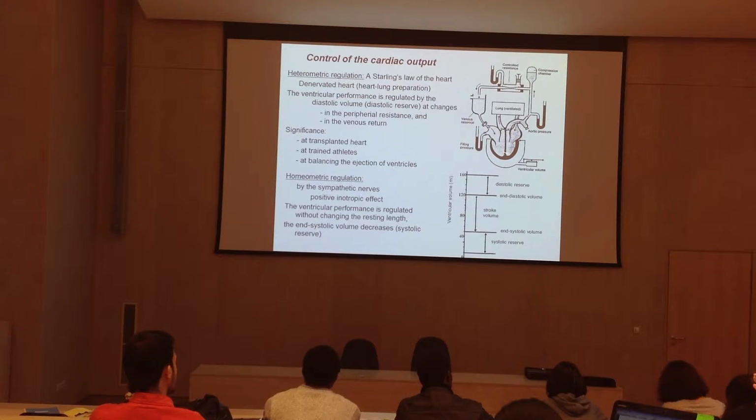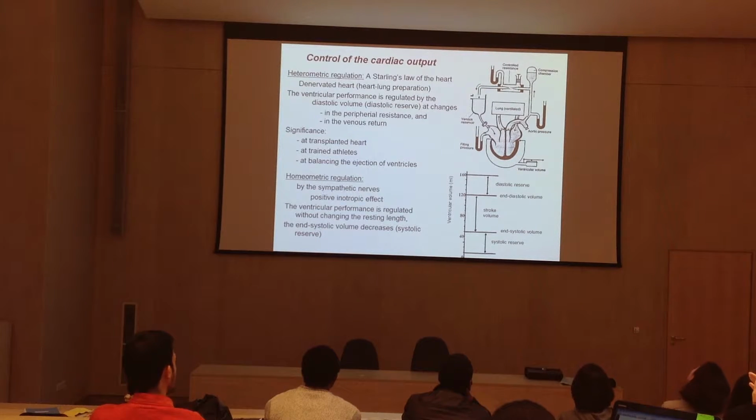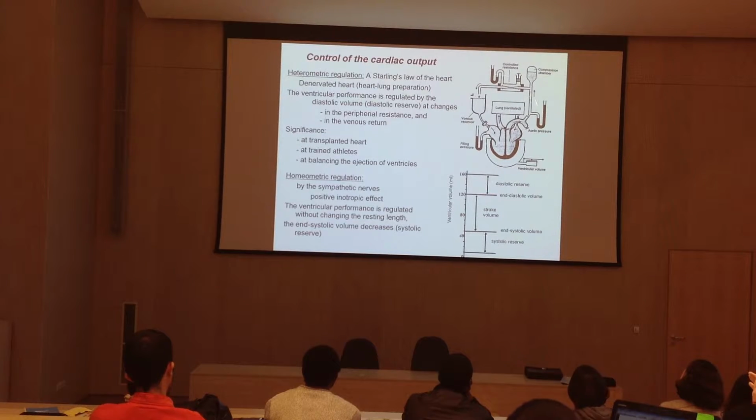The aorta from the left ventricle is connected to an outer circulation, a tubing system, where the peripheral resistance can be controlled by increasing the pressure here.